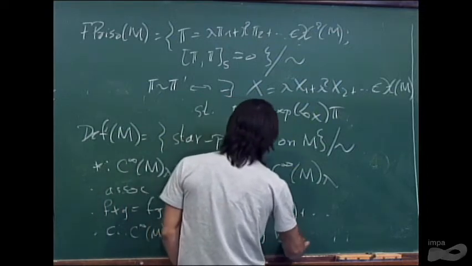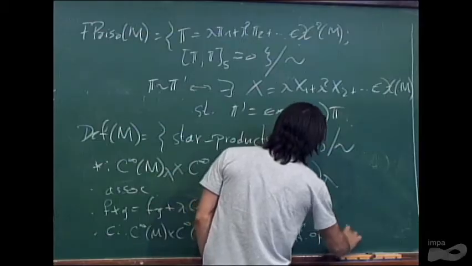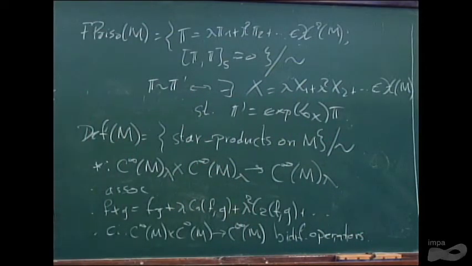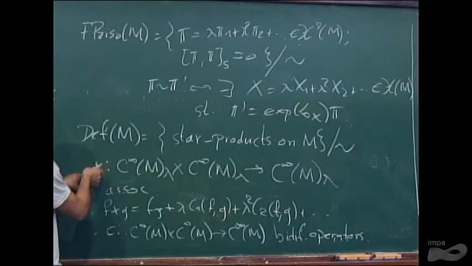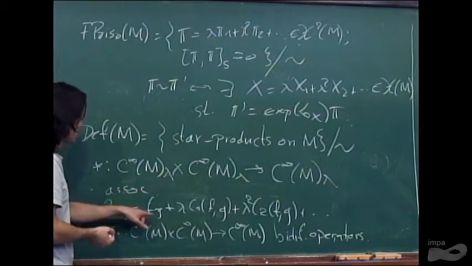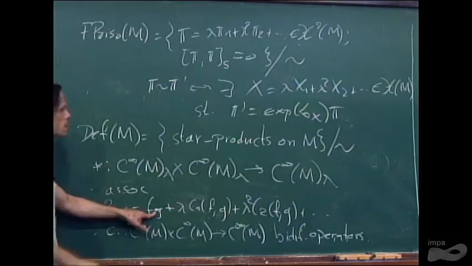Okay, there are many things we can say about this. For example, you can always find a star product which is unital and where the unit is still the unit function, the unit for this undeformed product.